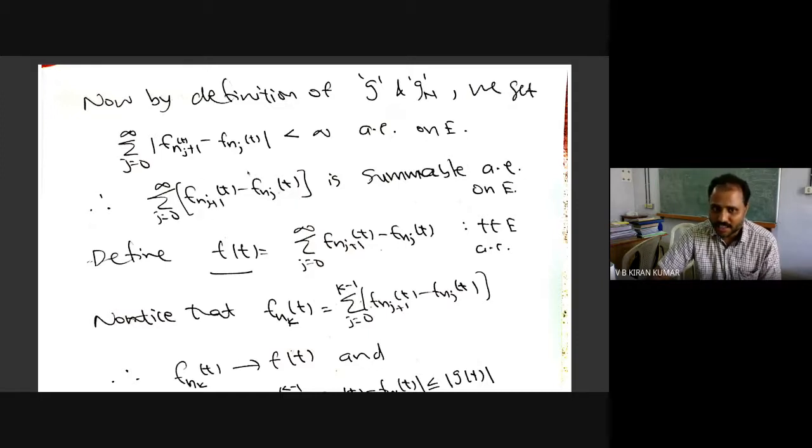That means this series converges to something, and that is our candidate. You denote f of t equal to this. Remember, this f is well defined for almost all t belonging to E. There is a set of measure 0 where f need not be defined, but we are not bothered about that set. Are you okay with the definition of f of t?